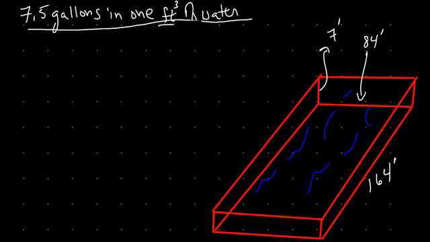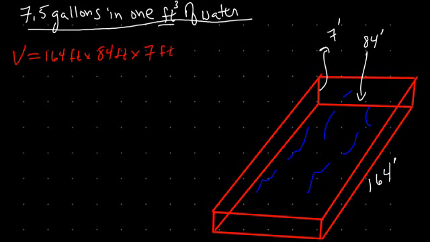So we want to find the volume of this tank, or the volume of my Olympic-sized swimming pool. Volume equals length times width times height. So 164 times the width, 84 feet, times the height, which is 7 feet.